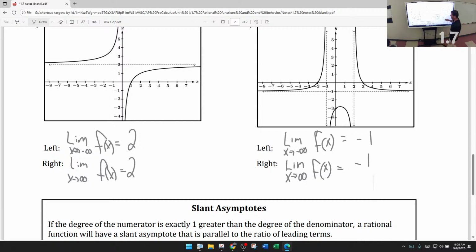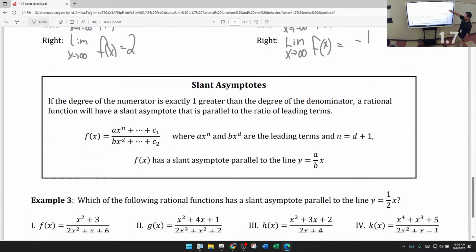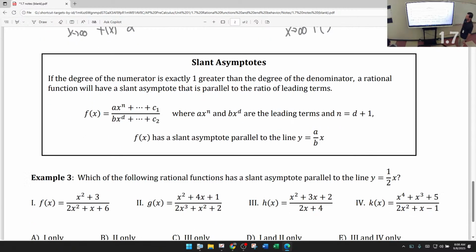All right, here's where they talk about slant asymptotes. If the degree on the numerator is exactly 1 greater than the degree of the denominator, the rational function will have a slant asymptote that's parallel. I already told you this. We already know what the slope is, -3/1. We just don't know where it is. So it's parallel to those coefficients.